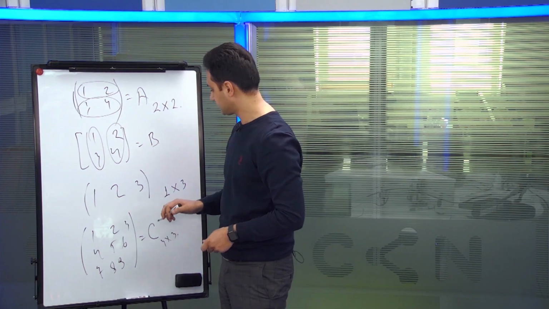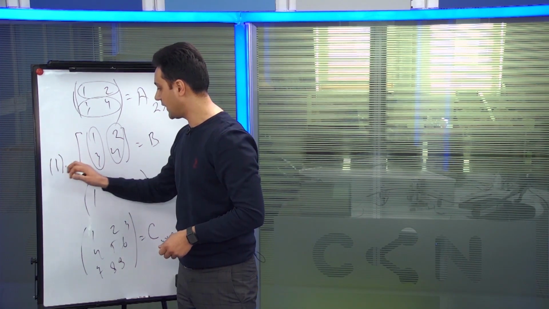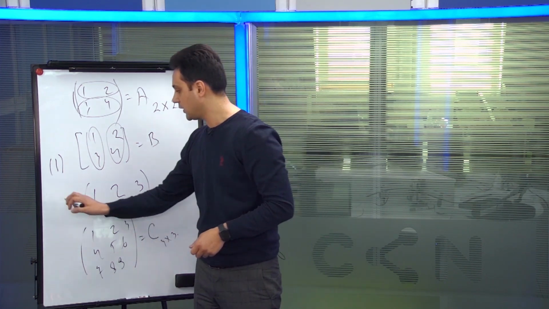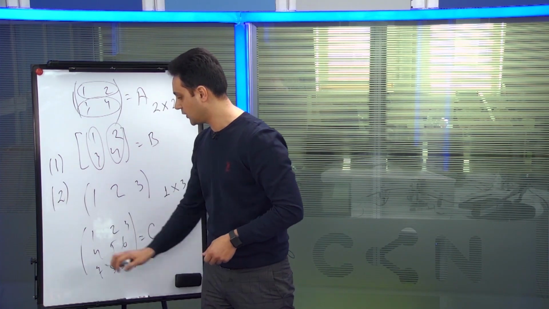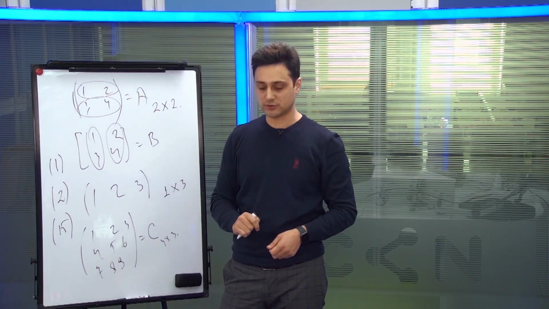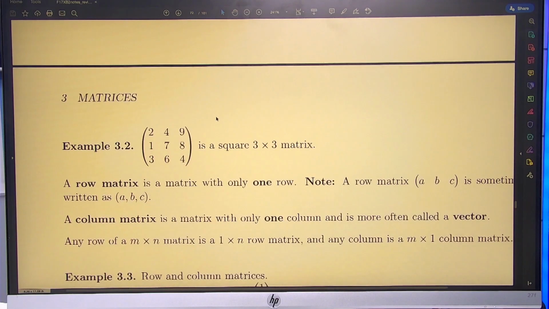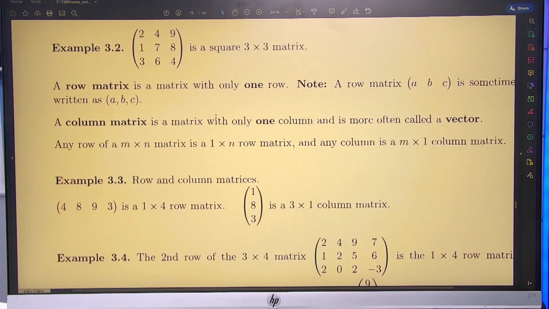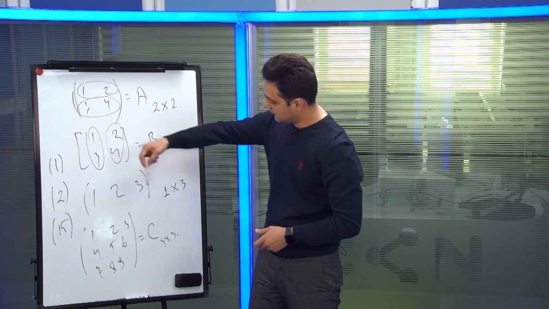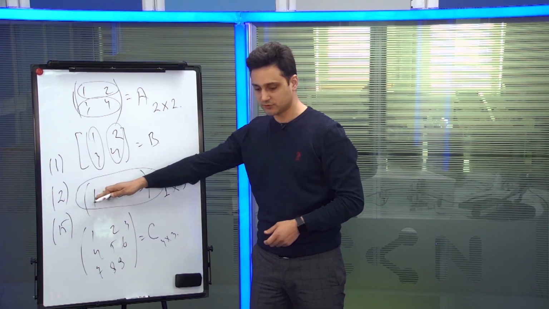Also, a matrix with 1 row and 1 column, for example 1 or 2, or let's say 15, is a 1 by 1 matrix. It's also a square matrix, you can say. The next one is the row matrix, a matrix with only 1 row. For example, this is a row matrix, where we have only 1 row.